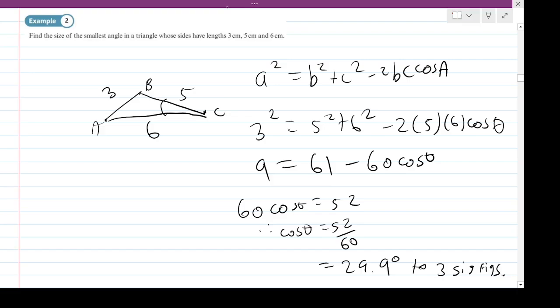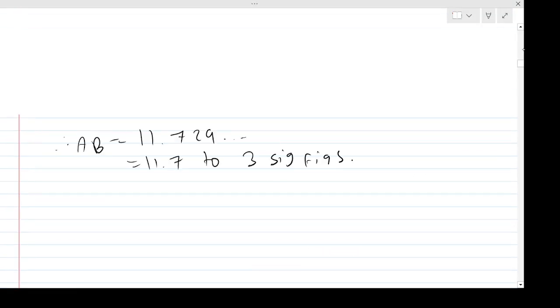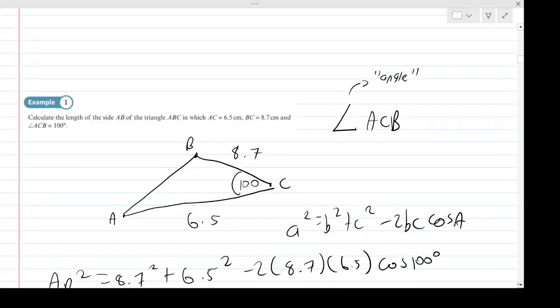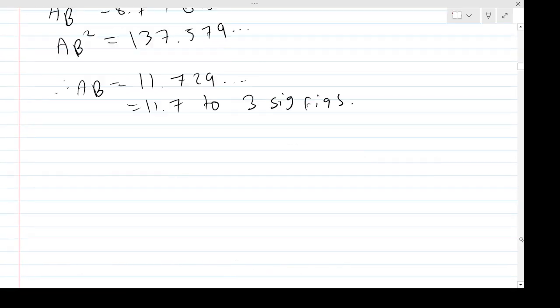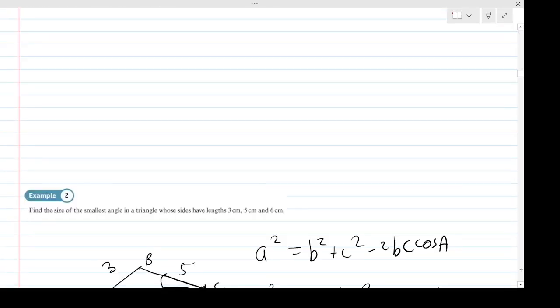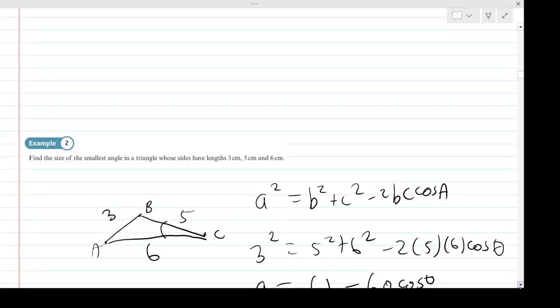And there we are. So yeah, that's the whole idea with these two examples. Hopefully you've seen we can use the cosine rule if we know two sides and an angle, like in the first example, where we can find the other side, and alternatively, if we know all three sides, we can find a missing angle that way.